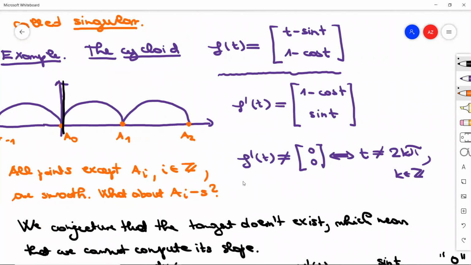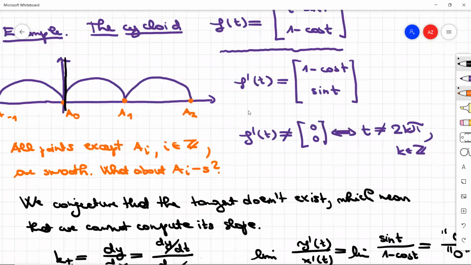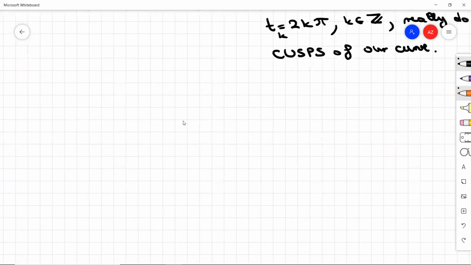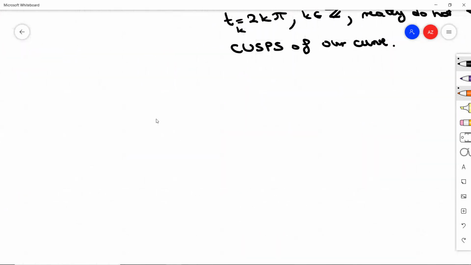Because if you remember the definition, if we look at the usual curve, let's say one curve with a singularity, you see what the derivative at the point a is, the differential quotient.